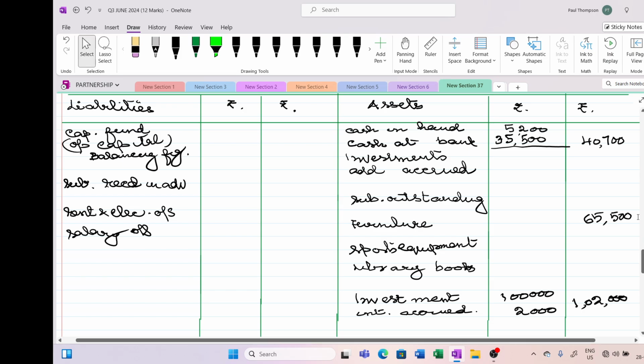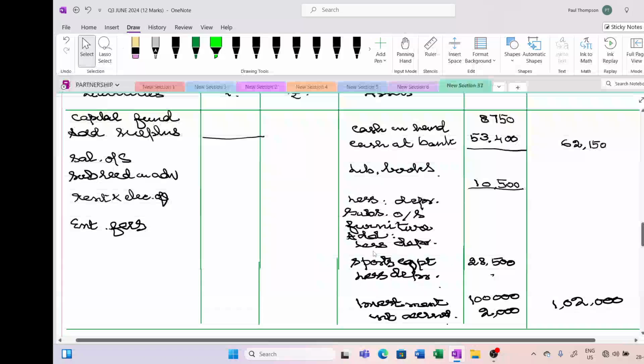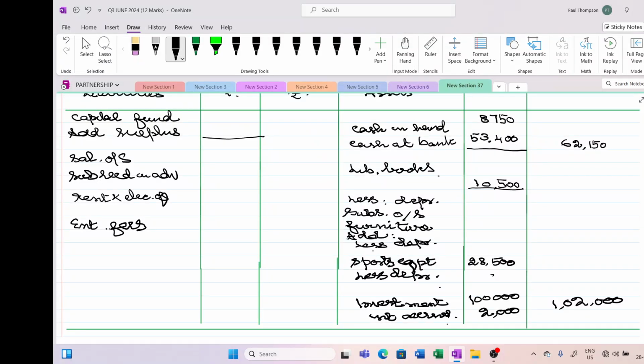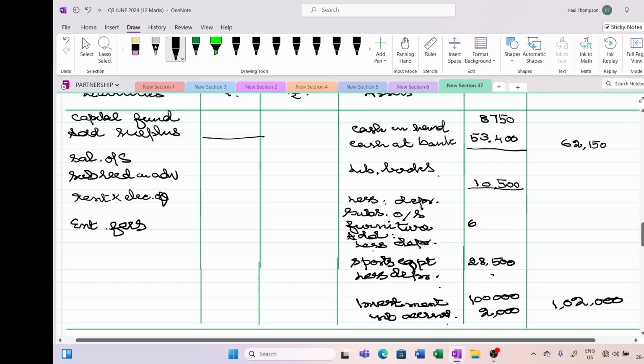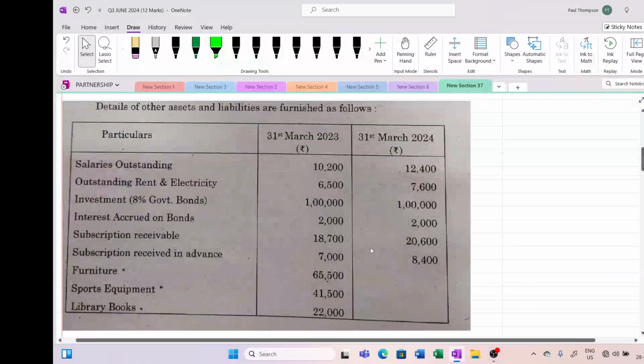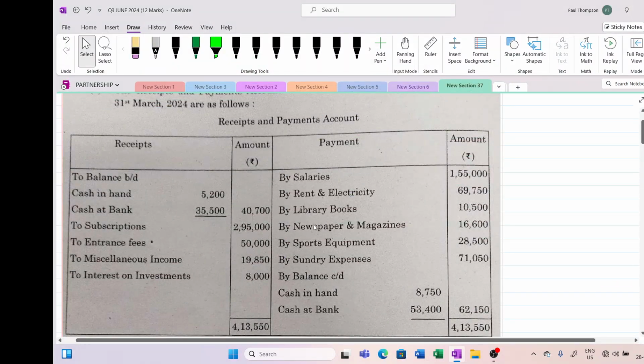So 65,500, and last year it was there. So you have to take that last year figure here and see anything is purchased during the year. Add that. Let us see anything is purchased during the year. See here.